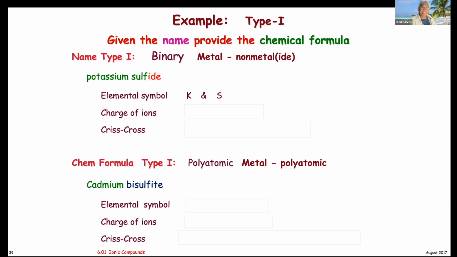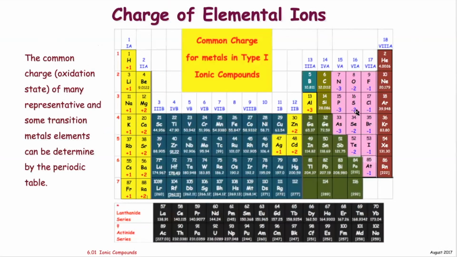Sulfur is in the 6A family. It's 6, but because it's in the 6, it wants 2 electrons. So it's -2. How do I know that? Look over here. Sulfur is -2. Why? Because it's got 6 valence electrons. It needs 2 more to get 8. Phosphorus has 5 valence electrons.